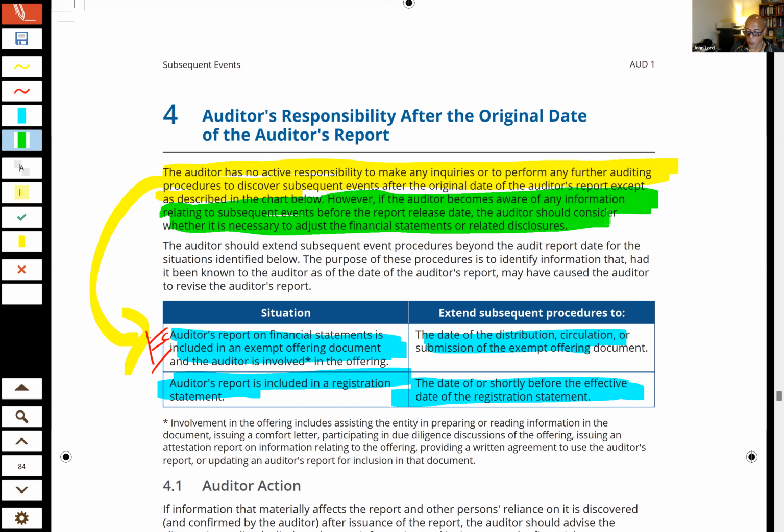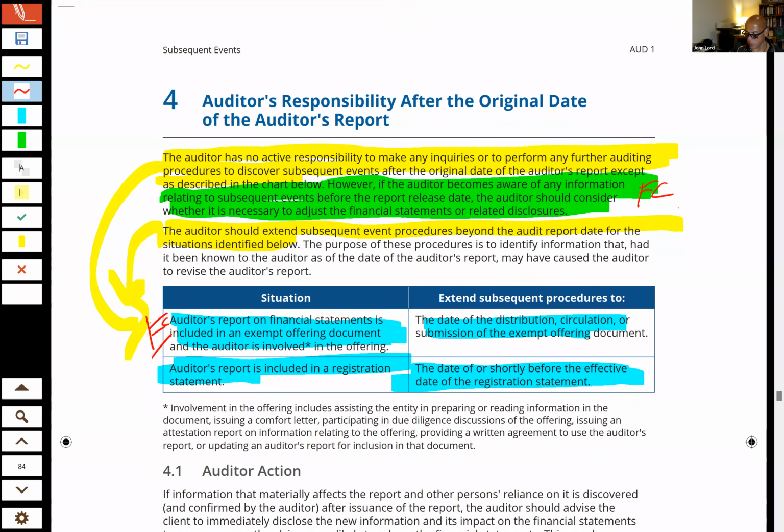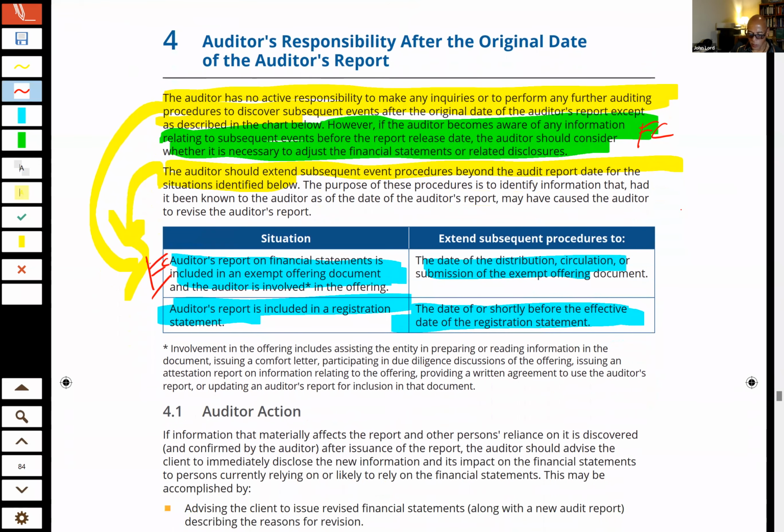But if you become aware of something, then you may want to extend procedures beyond the audit report date for the situations identified below.